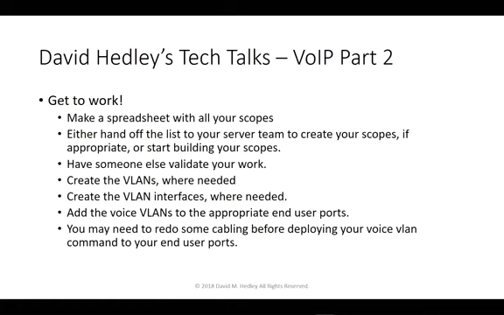Create the VLANs where needed, create the VLAN interfaces where needed, add the voice VLANs to the appropriate end user ports, and again, we go back to that point, you may need to redo some cabling.